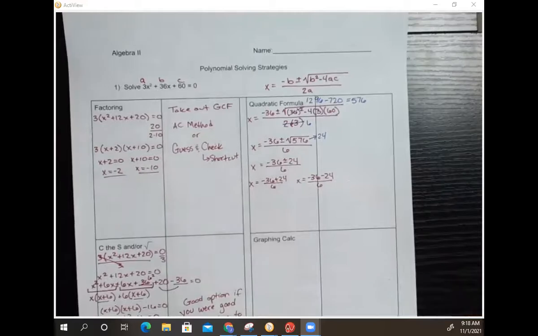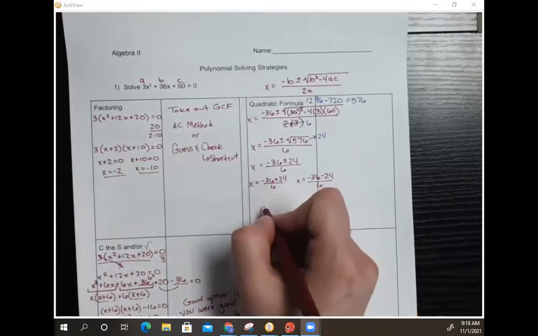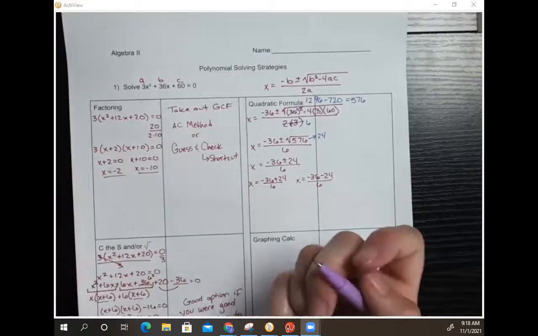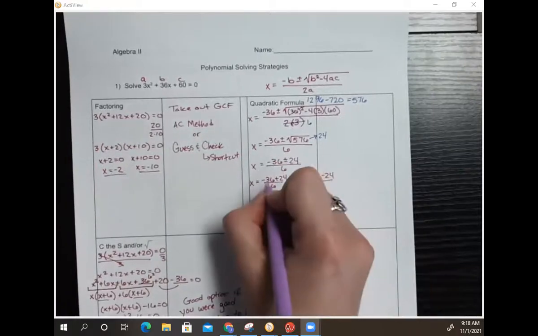Remember that plus or minus is telling you you have 2 options. Maybe I added 24, maybe I subtracted 24. Okay, 2 solutions there. So when I go to simplify this, negative 36 plus 24 would give me negative 12.